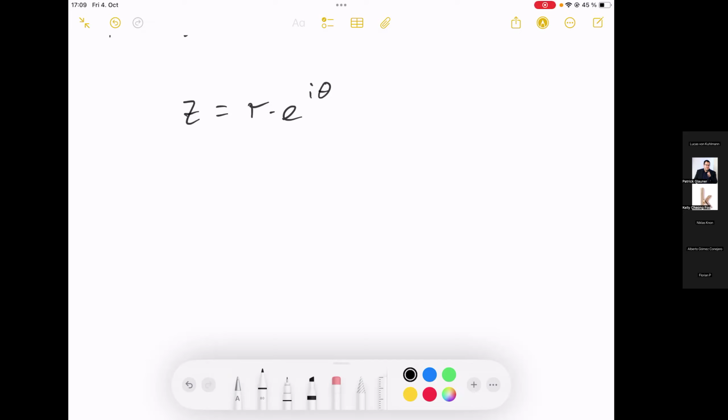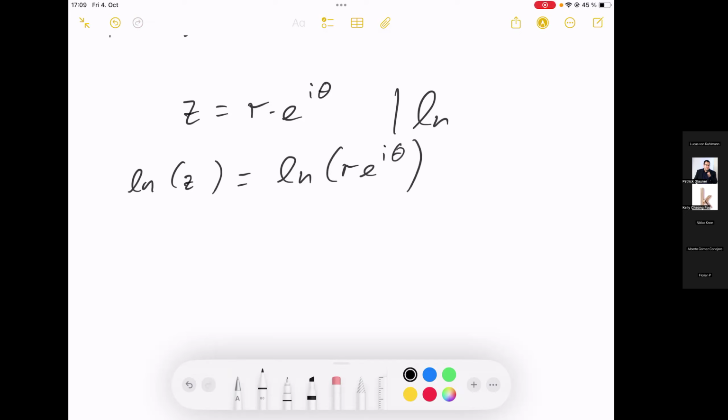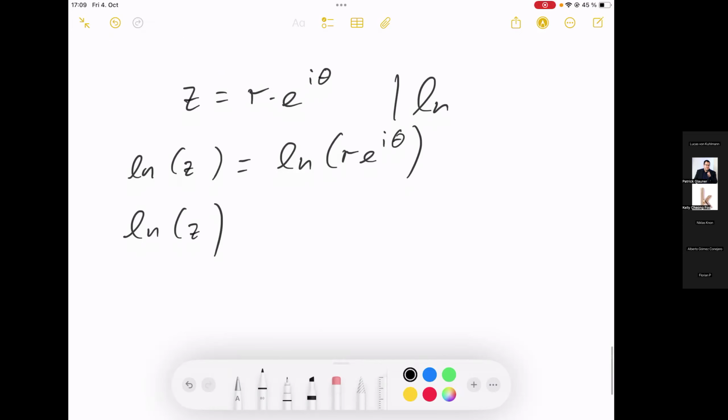And what we can do is, we said z can be represented as r times e to the i times theta. And we can apply the logarithm to this. The logarithm, so we can apply logarithms, in fact, to complex numbers. And now we can apply logarithm rules to this one here.